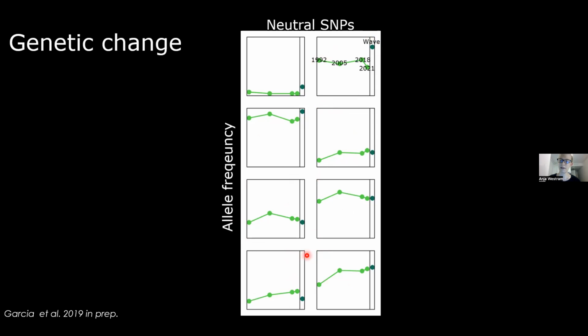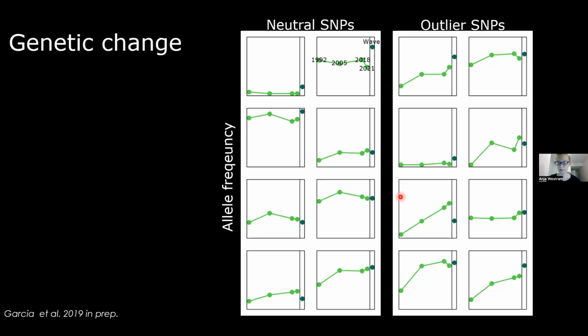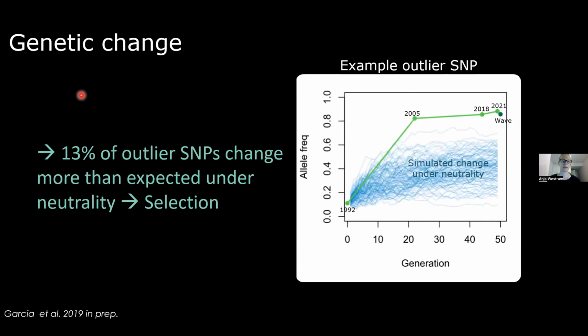But then if we compare to the outlier SNPs from previous studies, you can see some of them are also not changing very much, but some of them are changing quite a lot over time on the skerry. So the overall picture is that for the outliers, we have a lot more change on the skerry than for the neutral SNPs, which is consistent with there being selection on the outlier SNPs on the skerry, as we might have expected.